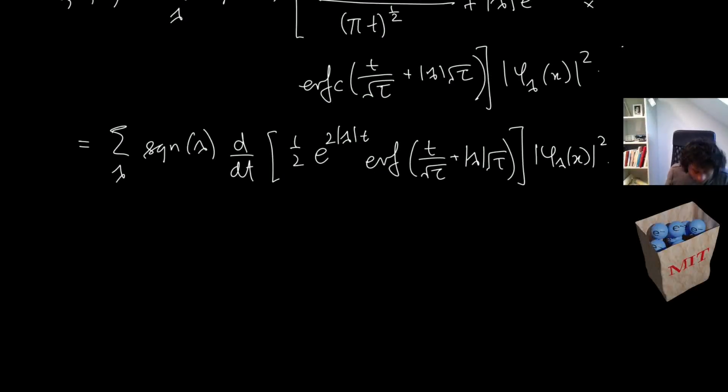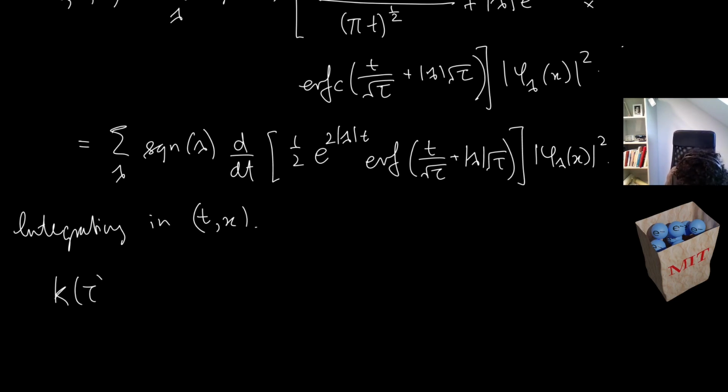So now we integrate in t and x. So integrating in tx, so that's really recovering now. So that's really the trace, right? So we get that, so this is really the trace of the difference. So we get k tau, which is equal to the integral from 0 to infinity of sigma k tau t x d mu x.